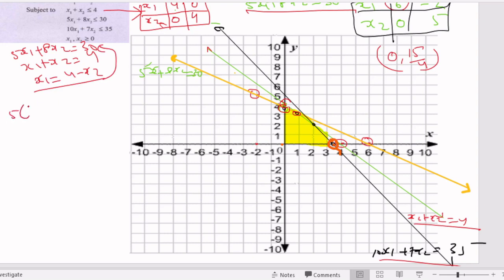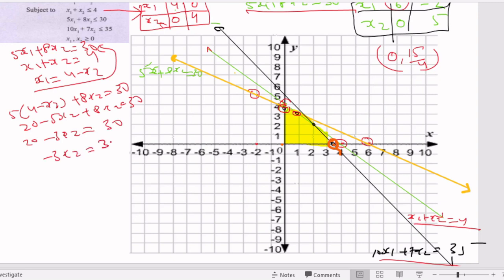So 5(4 minus x2) plus 8x2 is equal to 30. So 20 minus 5x2 plus 8x2 is equal to 30. So it will be 20 minus 3x2 is equal to 30. 3x2 is equal to 30 minus 20, that is x2 is equal to 10 upon 3.